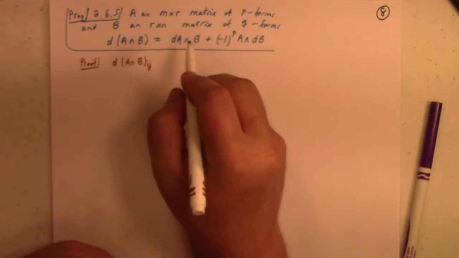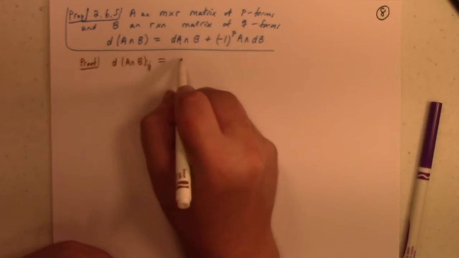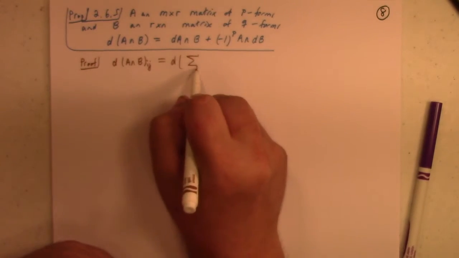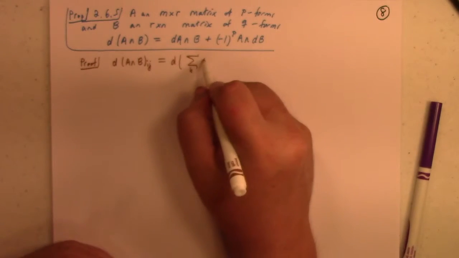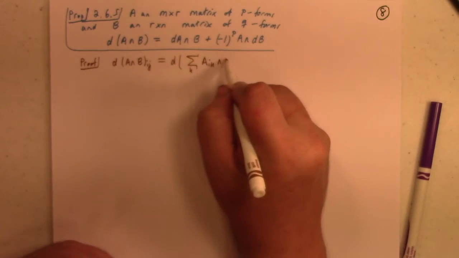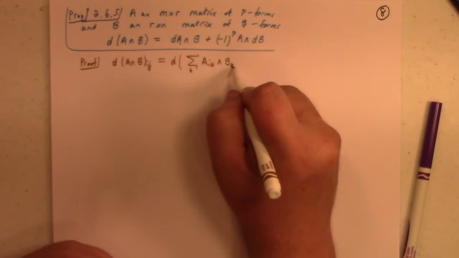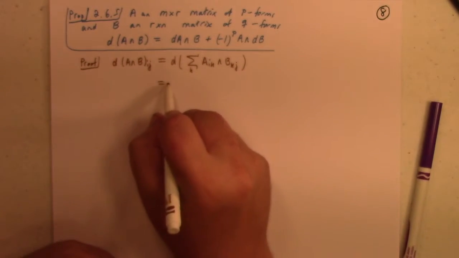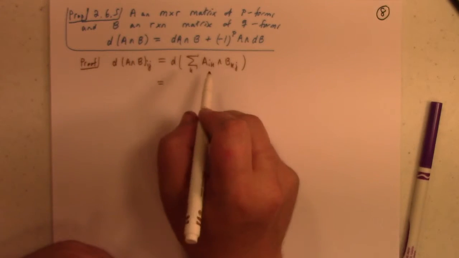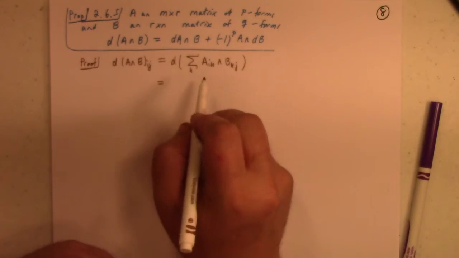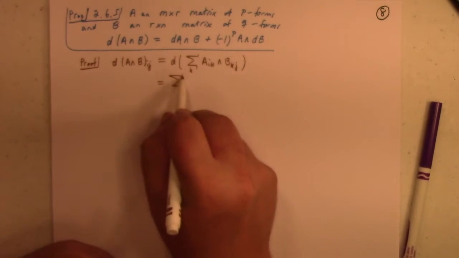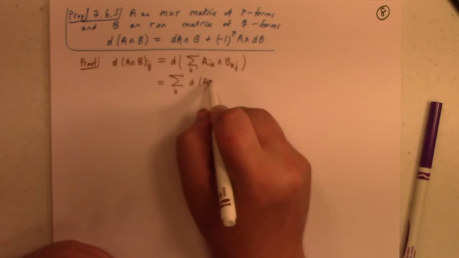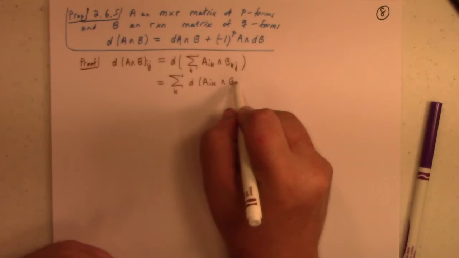So d of A wedge B is equal to the exterior derivative of the sum over k of a_ik wedge b_kj. All right, but that is what? That is the sum over k of d of a_ik wedge b_kj.